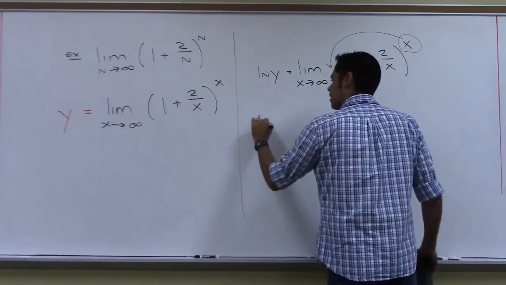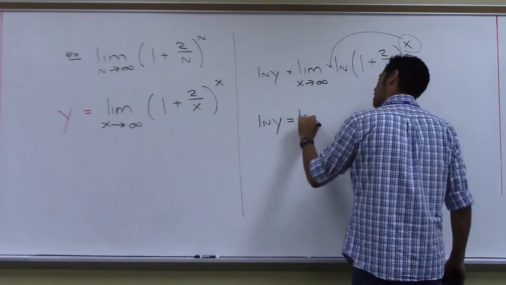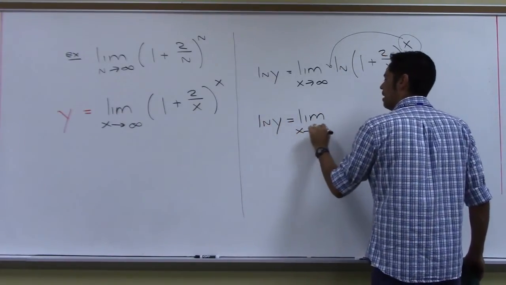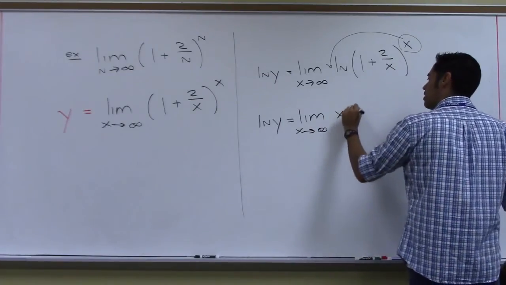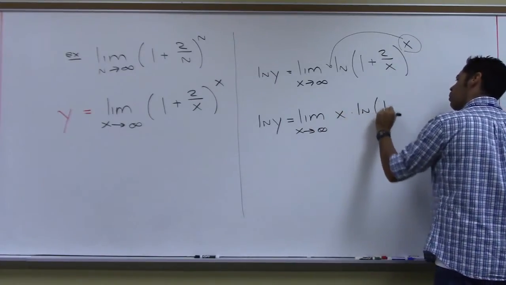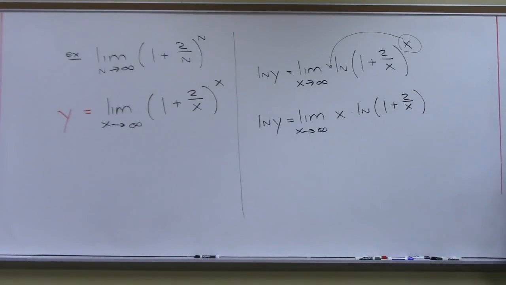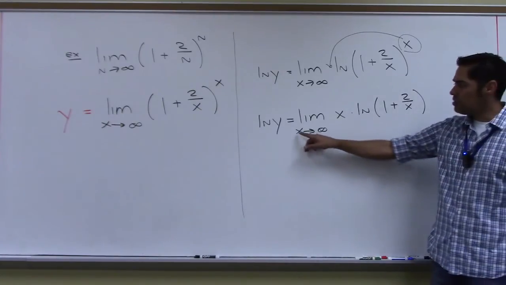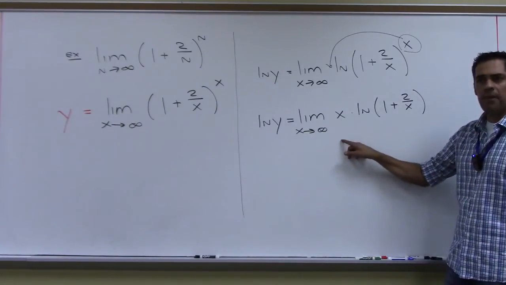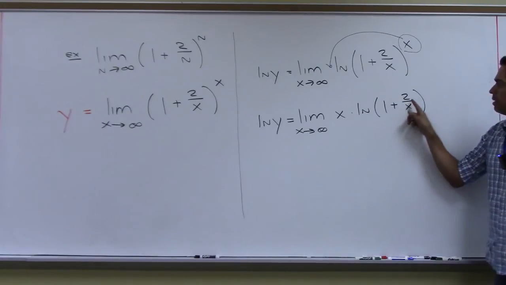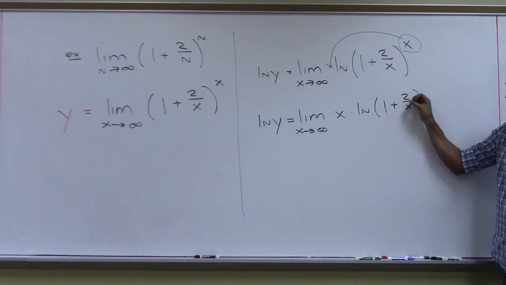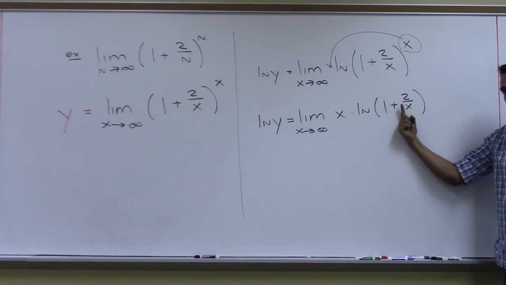So now we're looking at this. Natural log y equals limit x goes to infinity of x times natural log of 1 plus 2 over x. And now we'll do a quick check to see what happens. As x goes to infinity, this goes to infinity, doesn't it? 2 over infinity goes to 0. 1 plus 0 goes to 1.